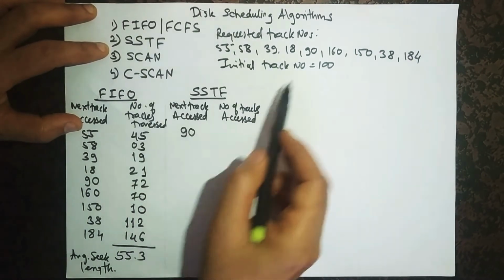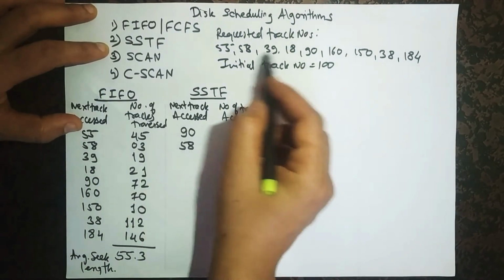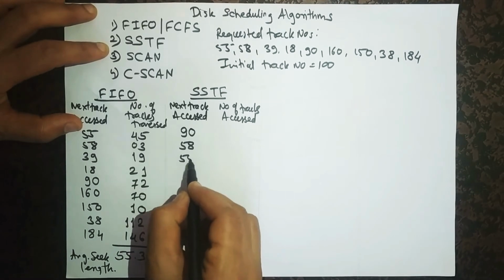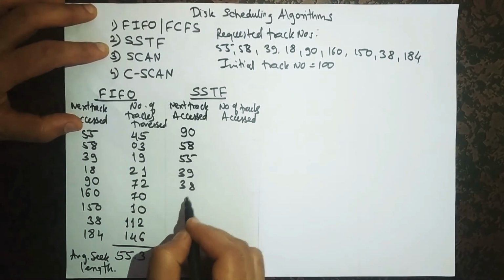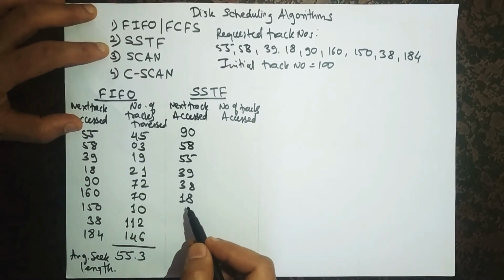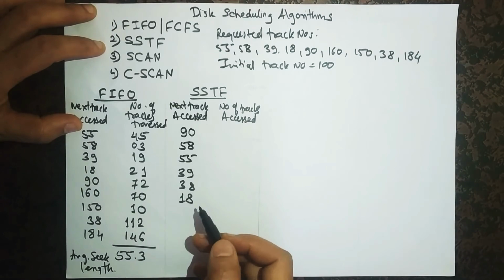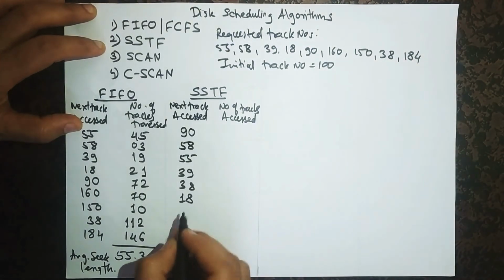Then the next after 90 will be 58. Then next to 58, 55, then we have 39, then 38 and then 18. After going to 18, the head must traverse the rest of the tracks, that is we are left with 150, then 160 and 184.